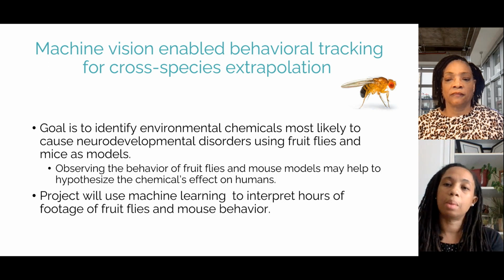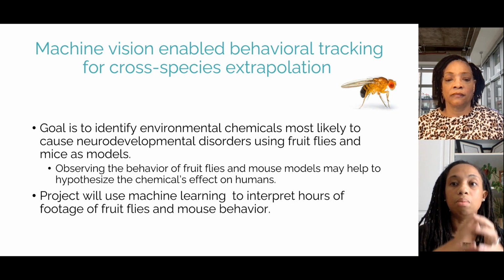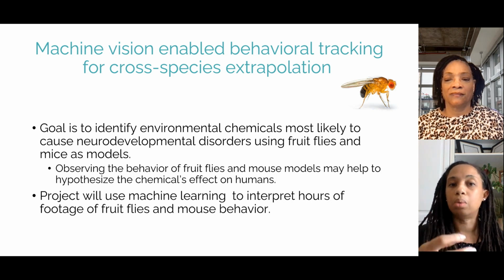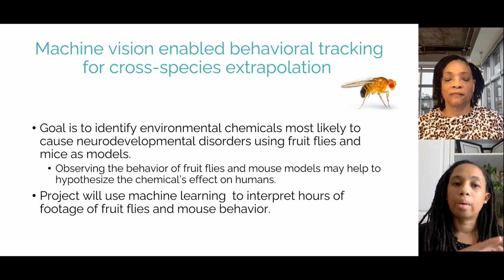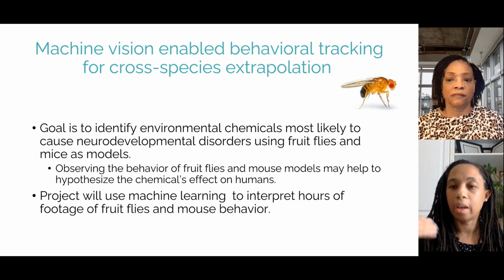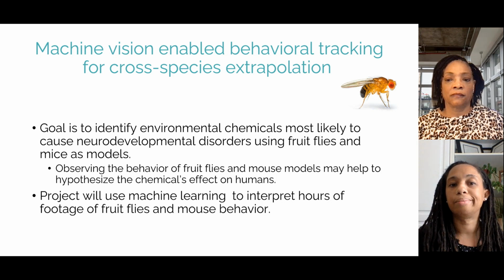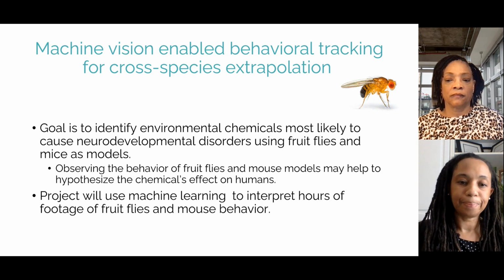Then we will move the same chemicals over into a mouse model and compare the two. This is going to be new for us. We're literally building the actual devices right now in-house and working through how to interpret all this footage and a certain set of behaviors that we'll be monitoring and tracking to better characterize these environmental chemicals.